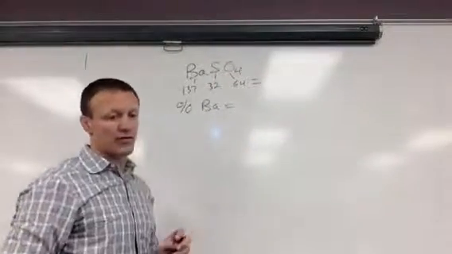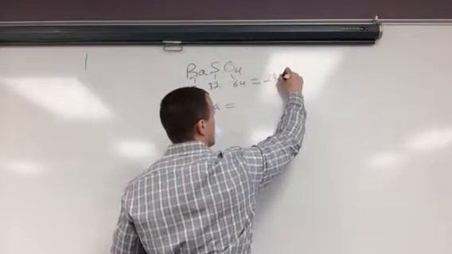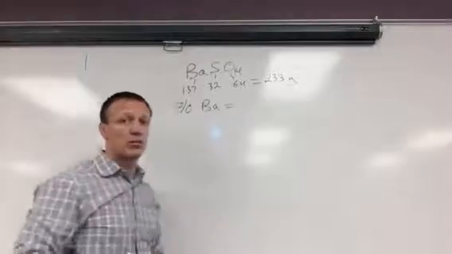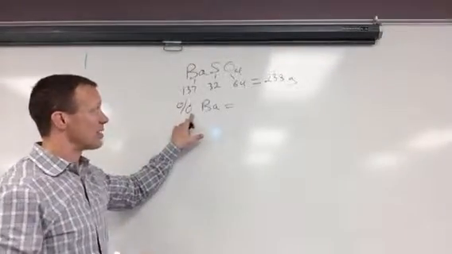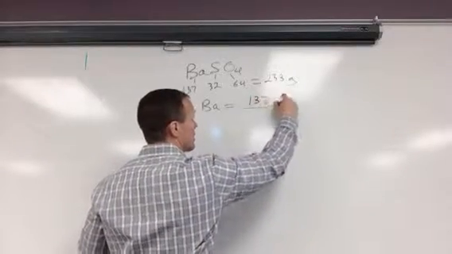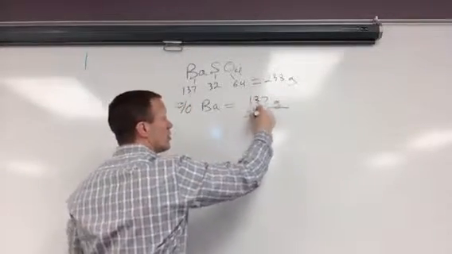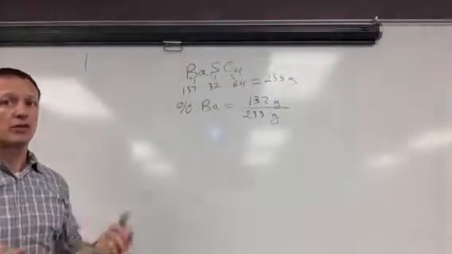That total mass for those three is 233 grams per mole. So if I want to know the percent of barium, I'm going to take barium's mass, which is 137, divided by the total, which is 233. Okay, and then turn it into a percent.